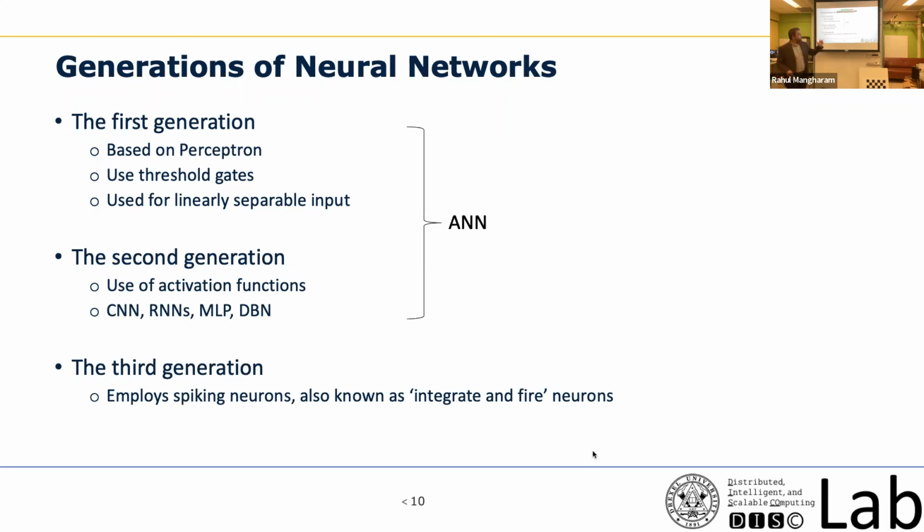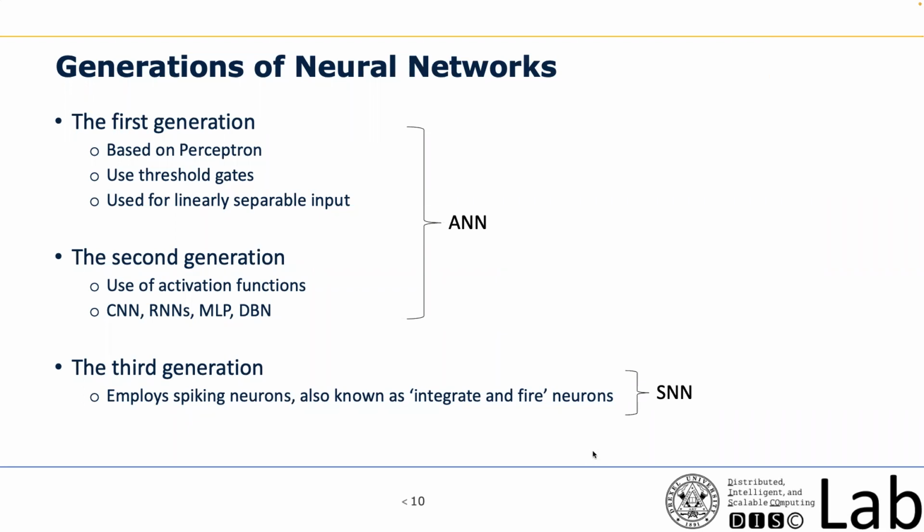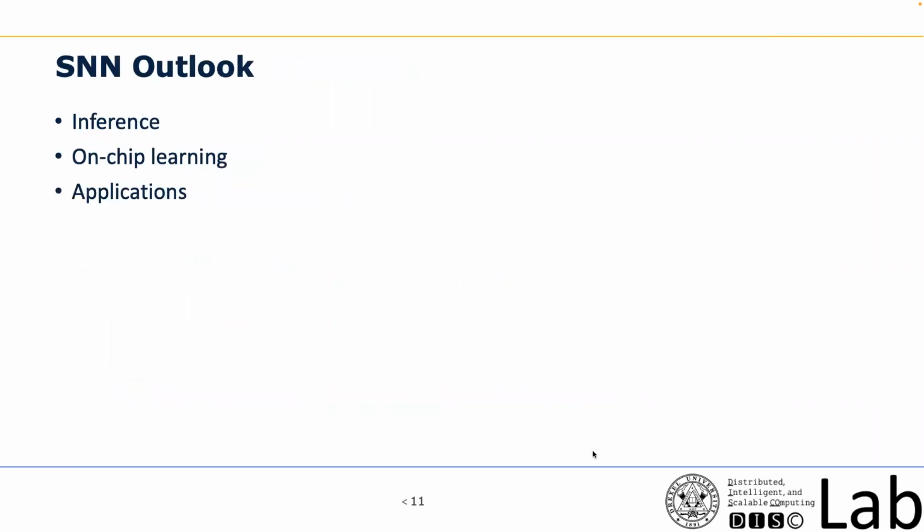So the first two generations are typically the generations of artificial neural networks, whereas the last is the generation of something called the spiking neural network. Although this is the third generation, so you might think this is a very new concept, it has its roots almost at the same time when artificial neural networks were formed. In the next few slides, I'll give you an outlook of SNN.